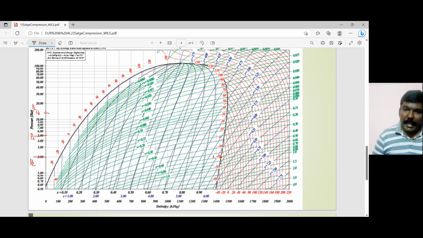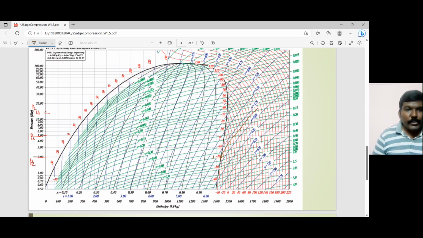Okay, so I have to draw an imaginary line over here, a line which is parallel to the constant entropy lines.